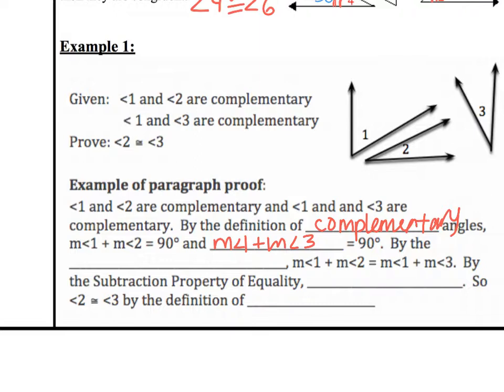By some kind of property, you are allowed to say that measure of angle 1 plus measure of angle 2 equals measure of angle 1 plus measure of angle 3. Since they're both equal to 90, they're equal to each other. So you can take those two separate statements and combine them into one with transitive, since they're both equal to 90.